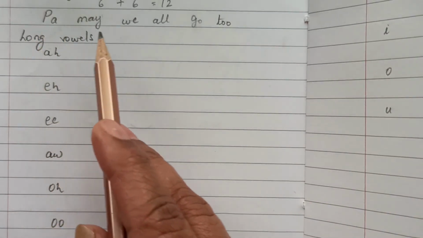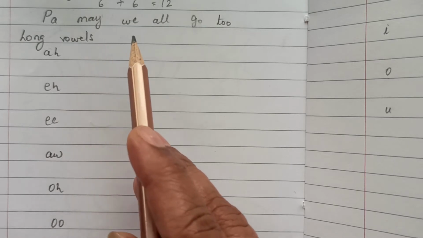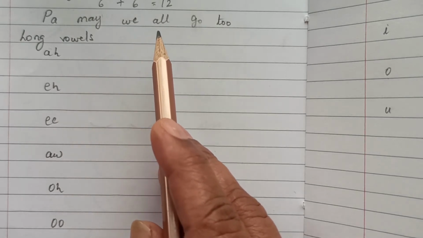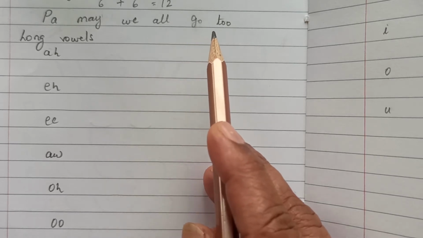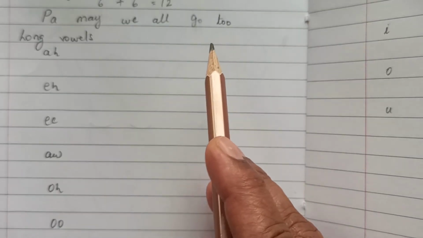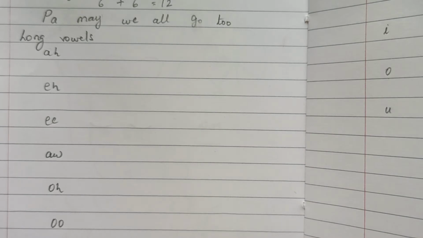Pa, a, may, a, we, e, all, a, go, o, to. These long vowels, like we drag the sound of this a, e, and a, o, u.